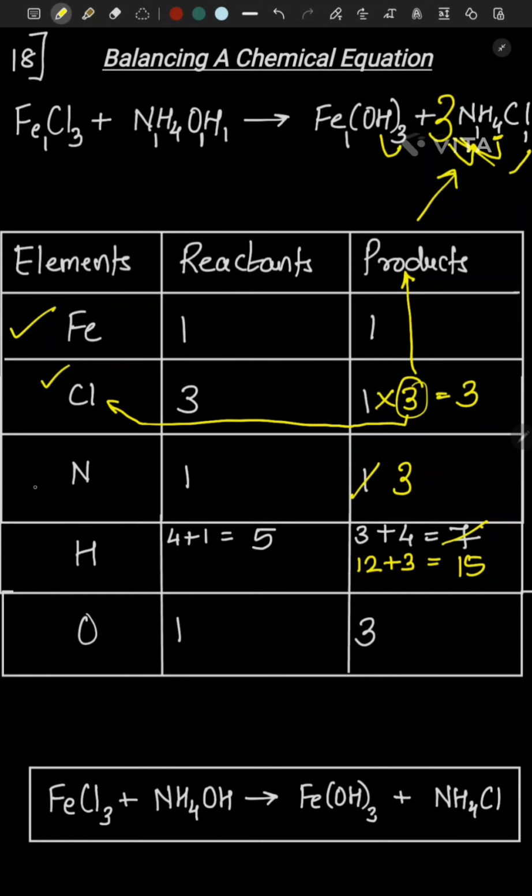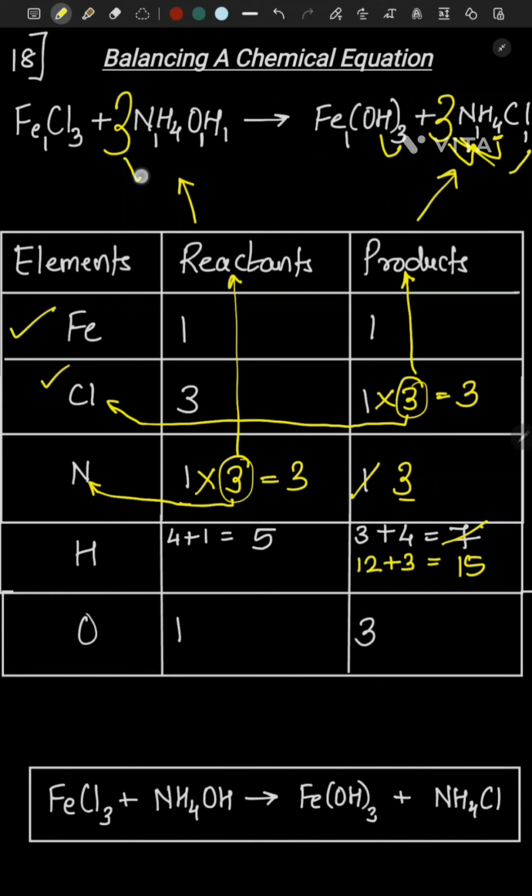Moving on to nitrogen, it is 1 and here we have 3. So to make this nitrogen balance, I am going to multiply nitrogen by 3 this time. So I am multiplying the nitrogen element on the reactant side. As I go up and check, nitrogen is again not alone, it is in the combined form, but I'll take this 3 commonly for all. The moment I take this 3, it changes all the number of atoms.